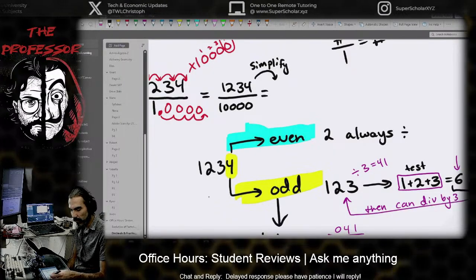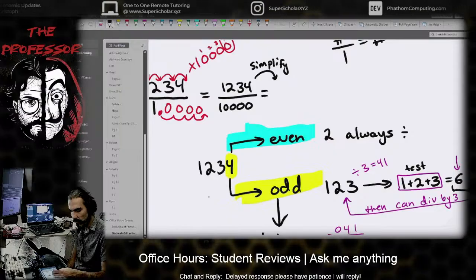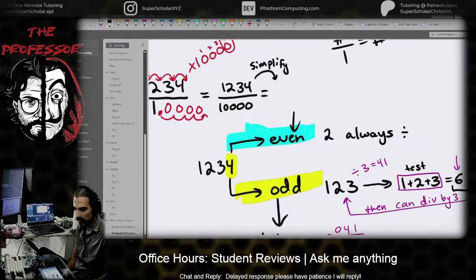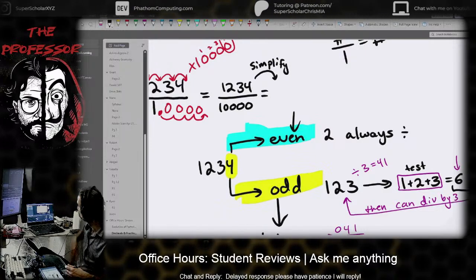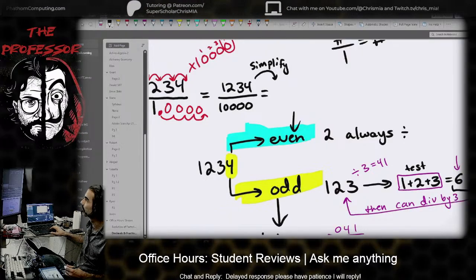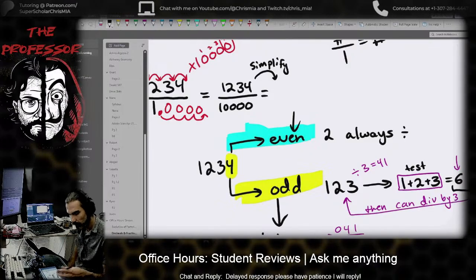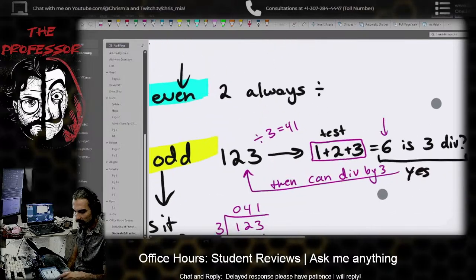For 1, 2, 3, 4, it ends in a 4. So we're gonna use the strategy for all even numbers. If it ends in a 2, a 4, a 6, an 8, a 0, all of those can be divided by 2. If it's odd, there's a Vedic math process.